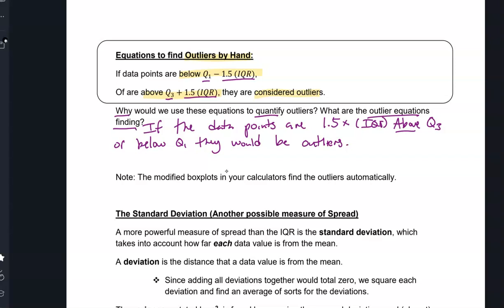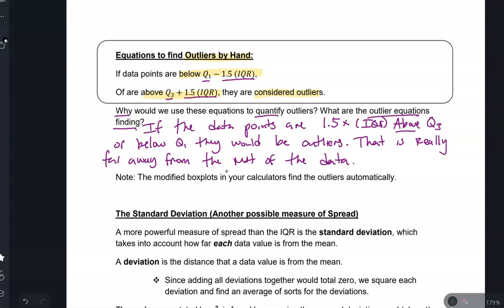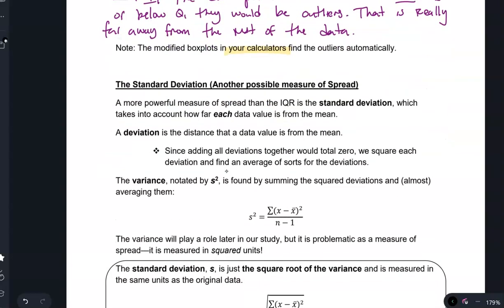That's really far away from the rest of the data. So that's why those would be considered unusual points. That would be outliers. All right, and I already mentioned this: calculators already find outliers for you.